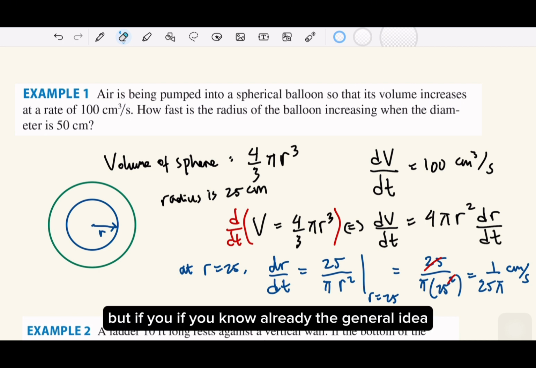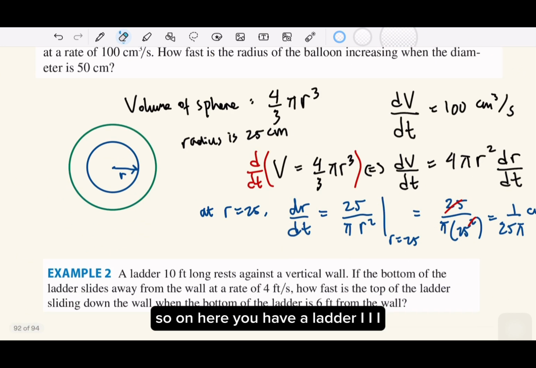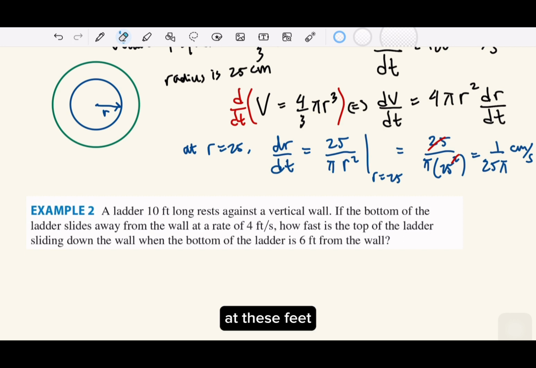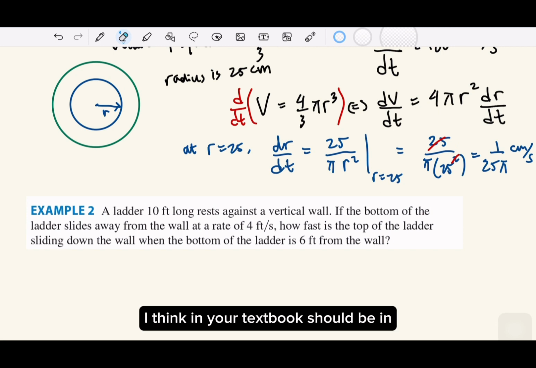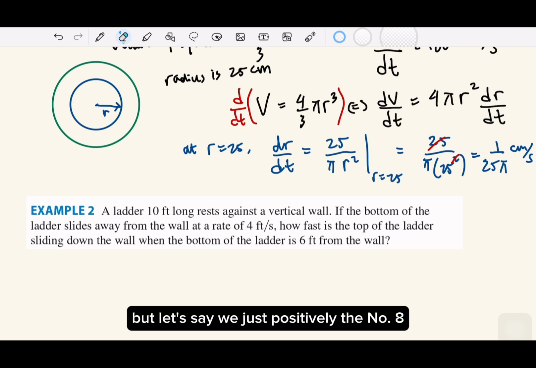But if you already know the general idea of how this relates to the solution, you will know what to do. For example, this one here, you have a ladder. In your textbook it should be in the metric system, but let's just consider the number.